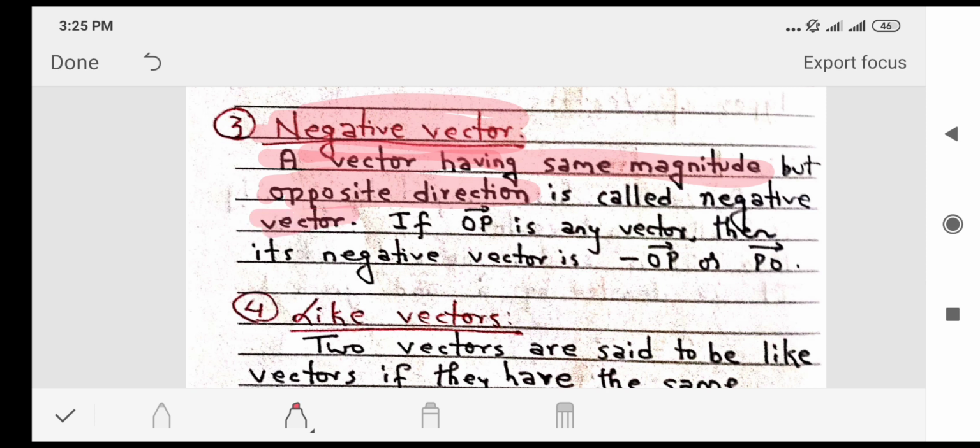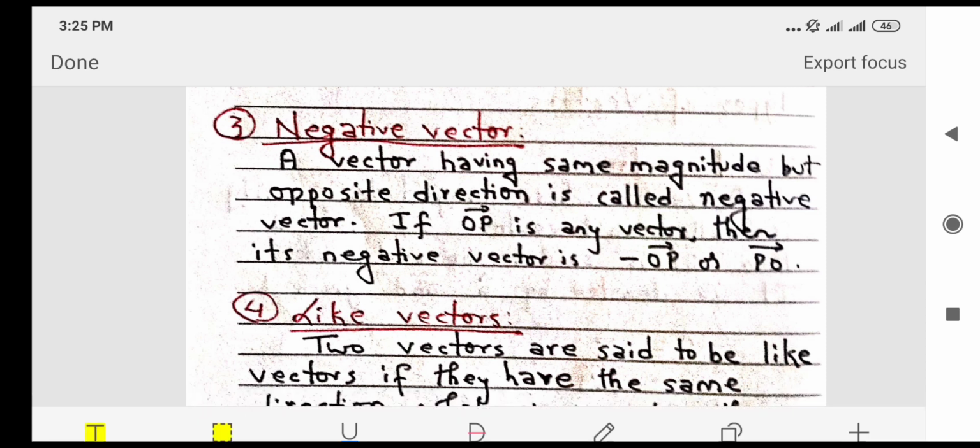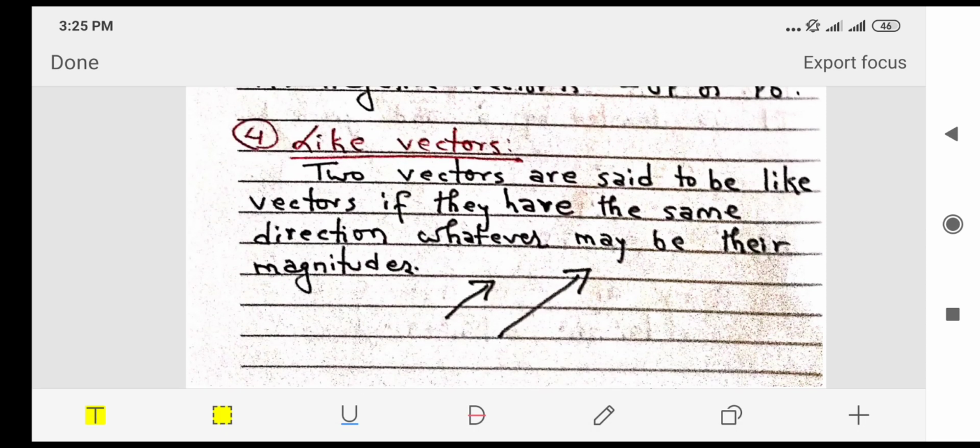So we can say if OP vector is any vector, then its negative vector is given by minus OP vector, or simply we can say PO vector. The negative vector of OP vector is minus OP vector or PO vector. Accordingly, you can pause the video and make a very nice note of the chapter vector.